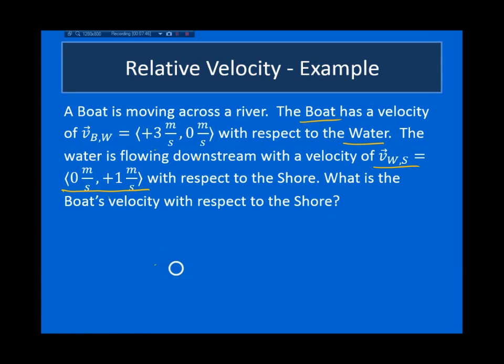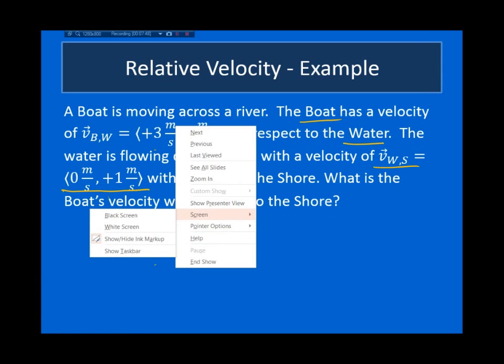So let me go ahead and open up a blank sheet, to try to remember what these numbers were. We were given the velocity of the boat with respect to the water: plus 3 meters per second in the x direction, 0 meters per second in the y direction.